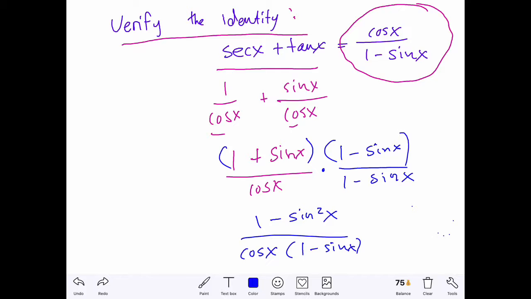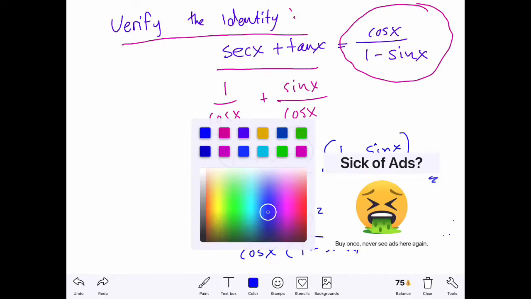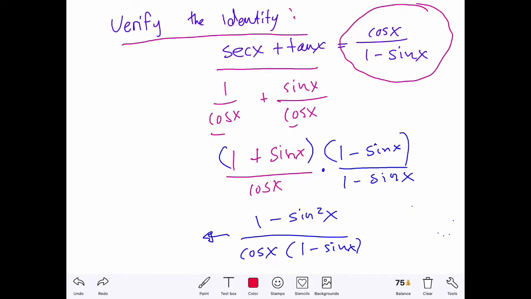Okay, now if you look at your Pythagorean identities on 514, sine squared plus cosine squared equals 1. If I subtract that sine squared over to the other side, then I'd have cosine squared theta equals 1 minus sine squared. So I can substitute cosine squared x in for 1 minus sine squared of x.